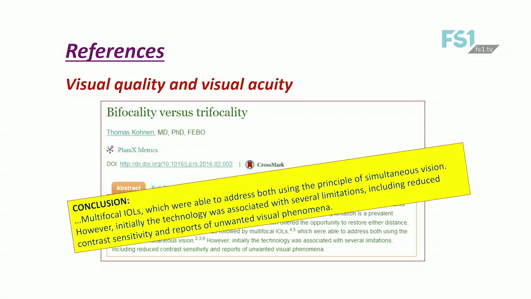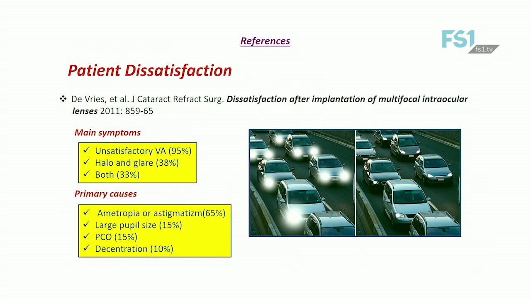That's why I think there still should be more and more innovations in the design of multifocal IOLs in order to get great and perfect outcomes and to decrease their side effects as much as possible, in order to make as many patients happy as possible. And of course, references about patient dissatisfaction.